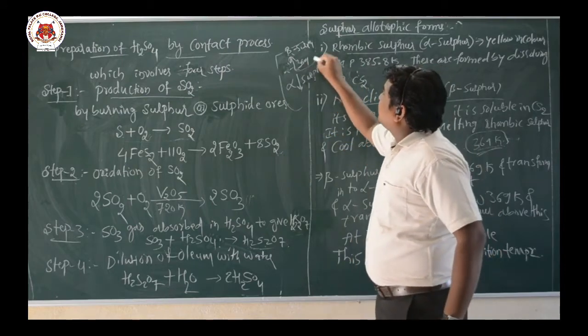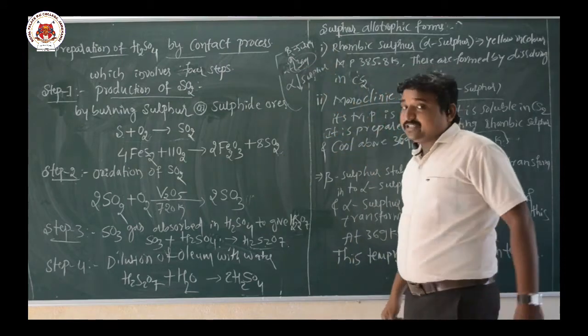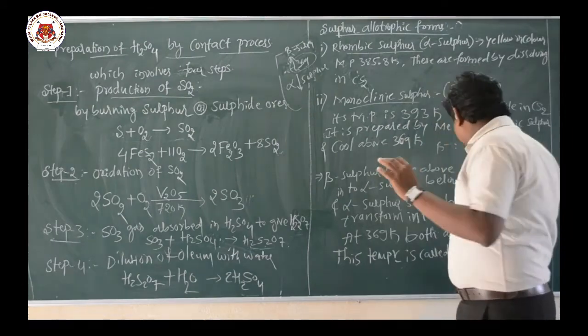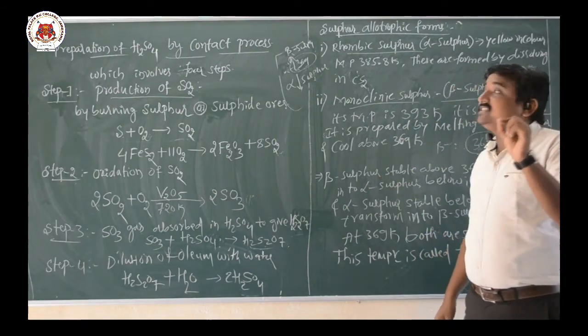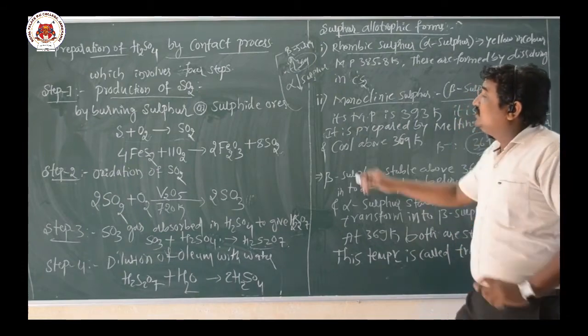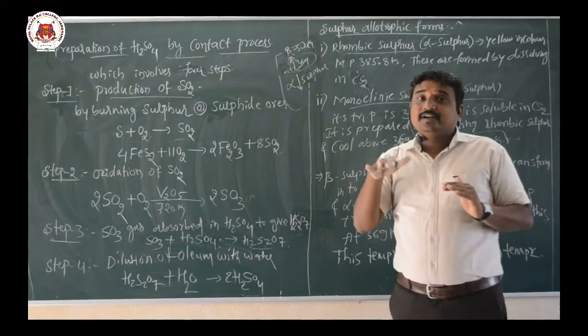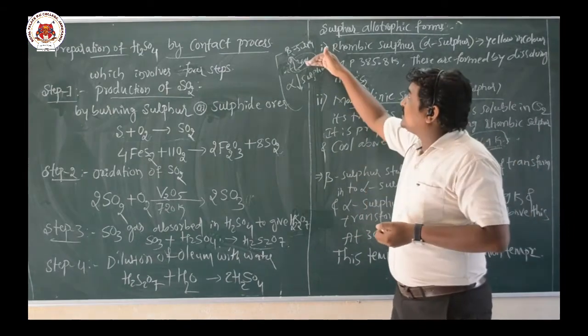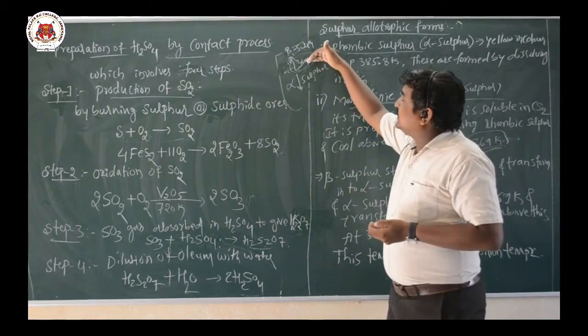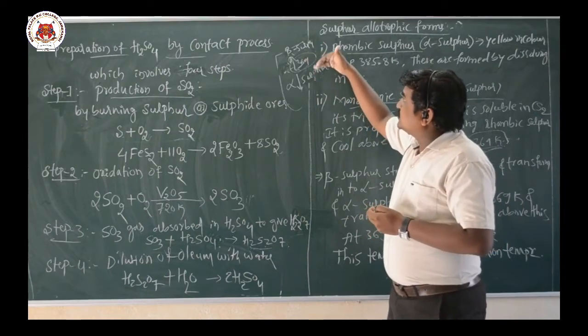So this 369 Kelvin temperature is called the transition temperature, because at 369 Kelvin these two forms, beta sulfur and alpha sulfur, are stable.